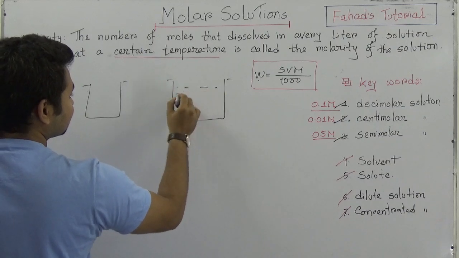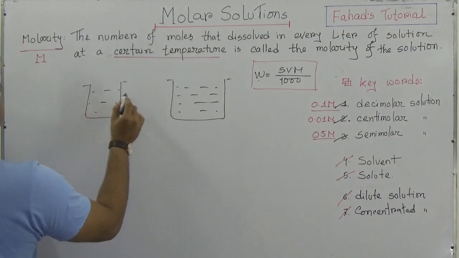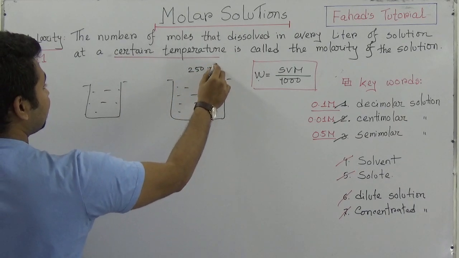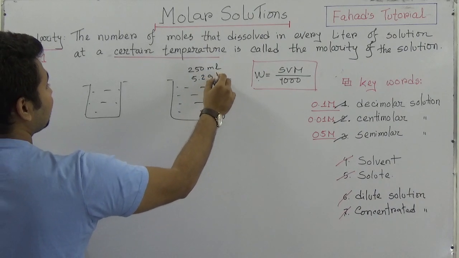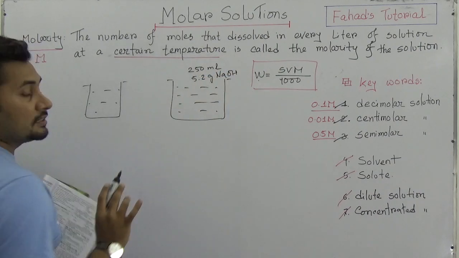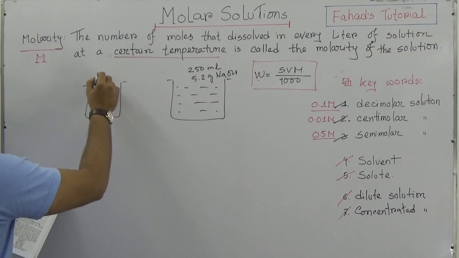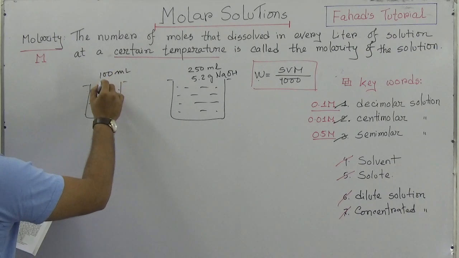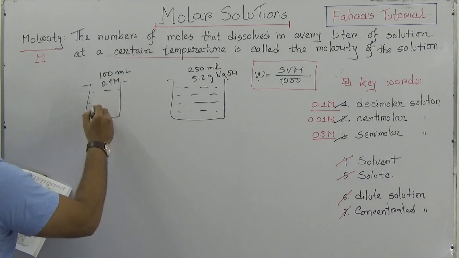Here are some solutions, and here also some solutions, and it is written 250 ml solution, 5.2 gram sodium hydroxide. But here 100 ml, 0.1 molar sodium carbonate.